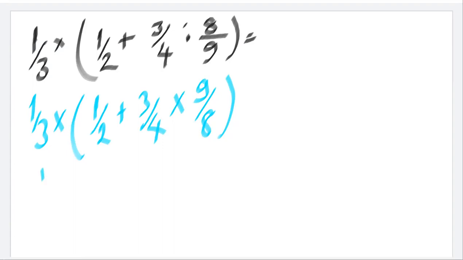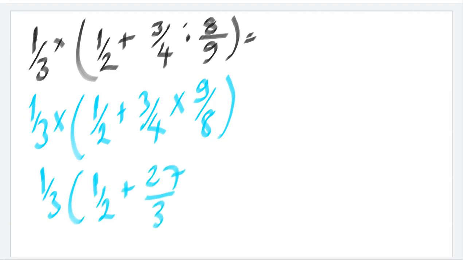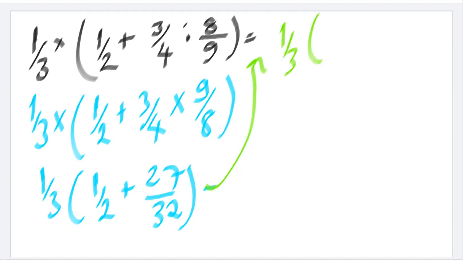We will just multiply. 1/3 times 1/2 plus 3 times 9, 27, 4 times 8, 32. Sorry for the noise. So I will continue to the top. Let's go to the top. 1/3 times to make down parts equal, we multiply both sides by 16.